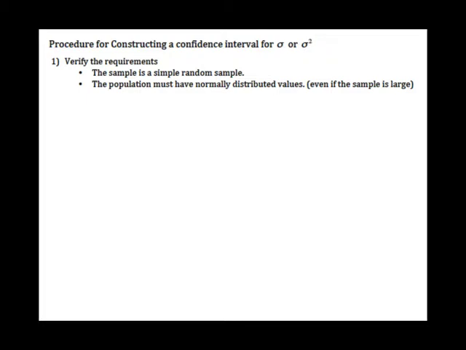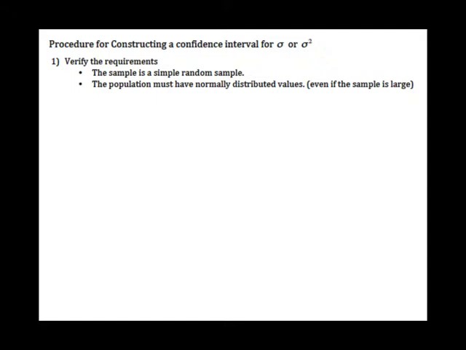And then we need to know how to construct a confidence interval for the standard deviation or the variance. First, verify the requirements. The sample has to be a simple random sample, and the population must be normally distributed. We don't care about the sample size.